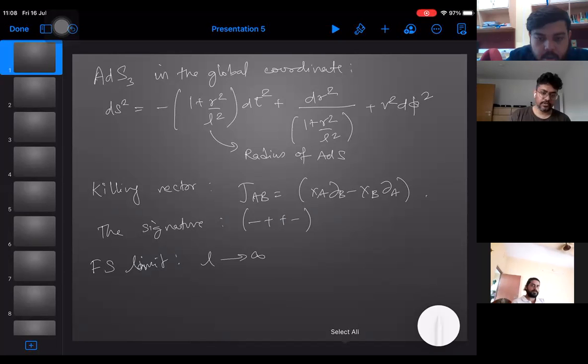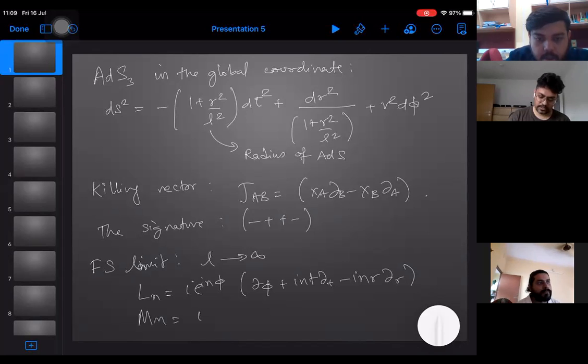So in the end, what you get are the generators, which are given by L_n equal to e^{inφ}(i n r ∂_φ plus i n ∂_t minus i n r ∂_r). Similarly, the M_n's are ∂_t. This is for n equal to minus 1, 0, and 1.